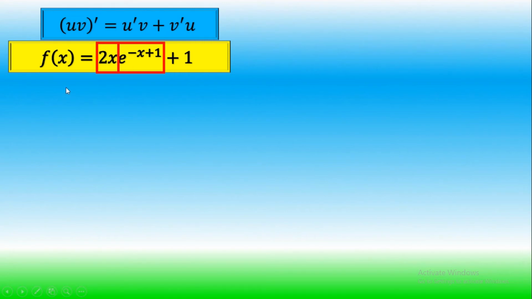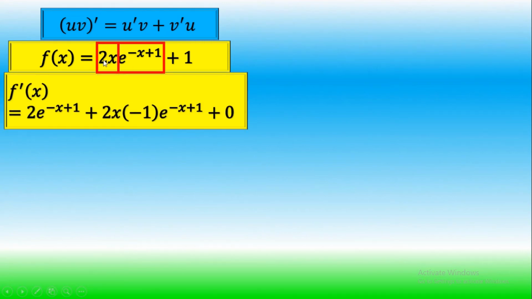Let's start by this derivative. The derivative of 2x, isn't it 2? E minus x plus 1, we copy it the same. So it's u prime v plus, we should write it now v prime u. U which is 2x, we copy it the same. What about v prime?